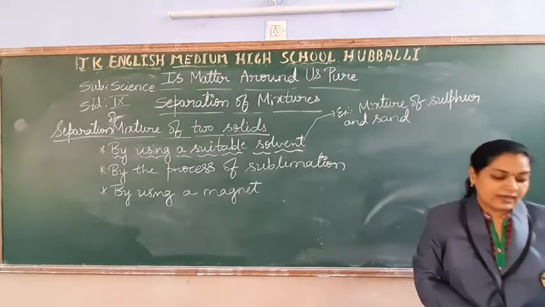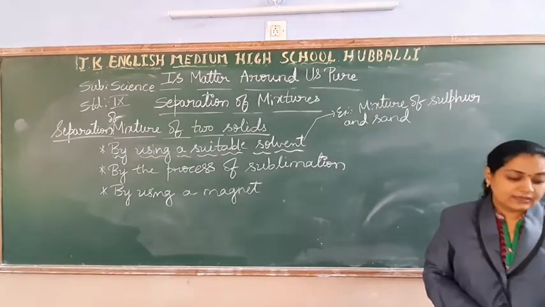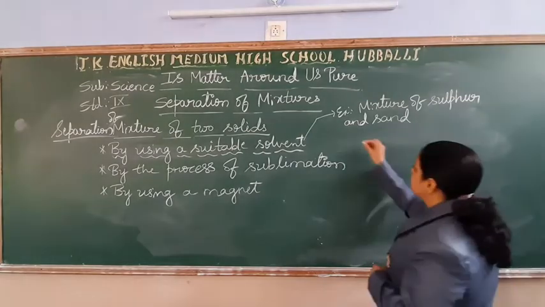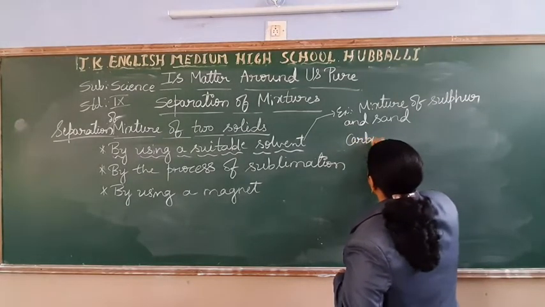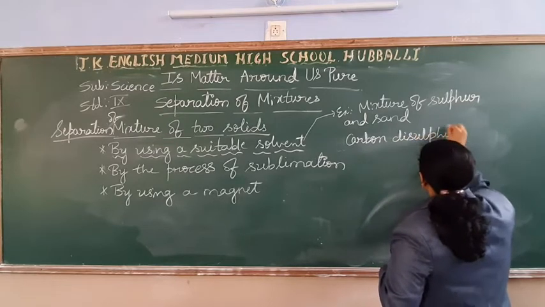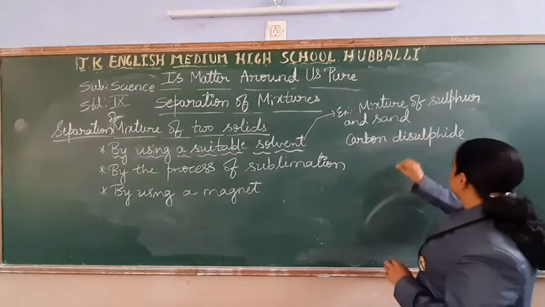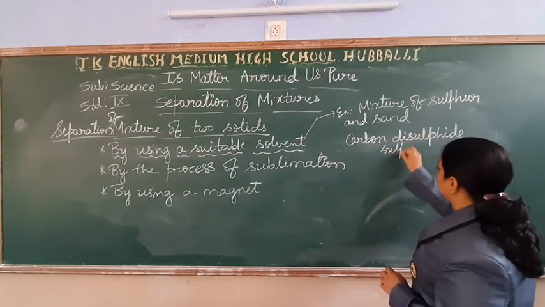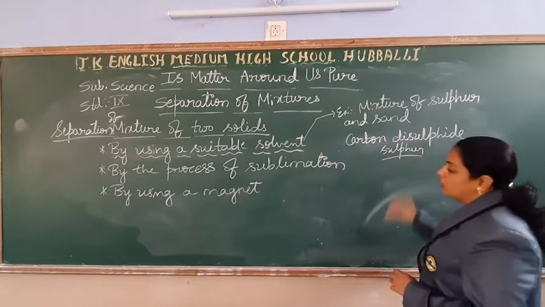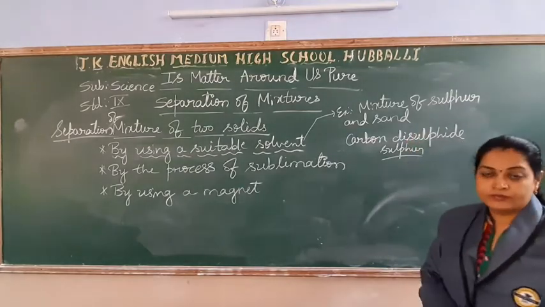We should know that sulfur will get dissolved in one solvent, that is called carbon disulfide. So this is one solvent. In this, sulfur will get dissolved. So this is a suitable solvent for this mixture to separate.